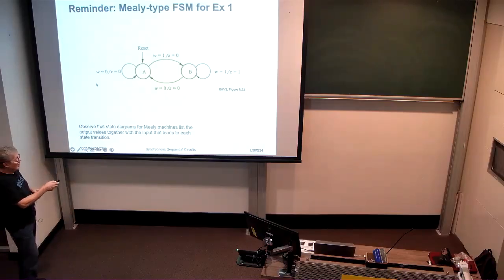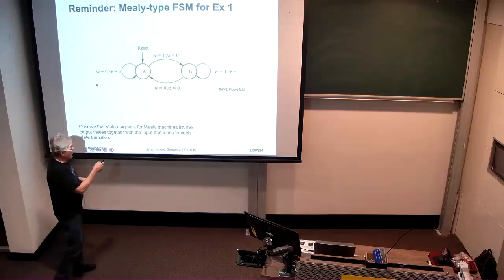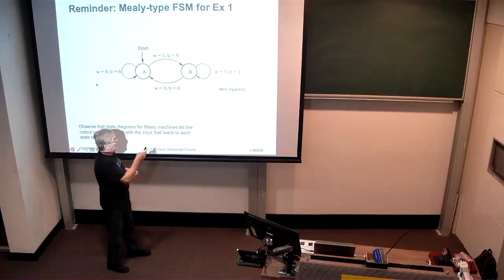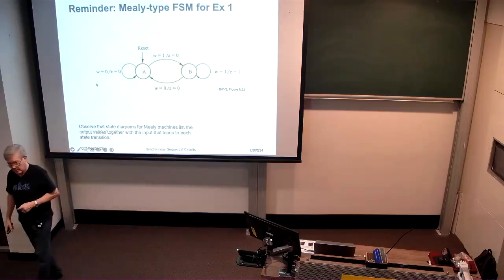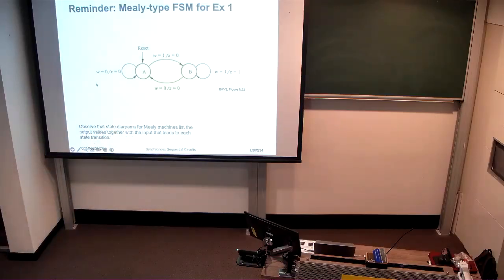So if we're in state B and we get a 0, the output's 0, and if we're in state B and the input's 1, we get a 1 as the output. Right? That's the distinguishing difference between Moore and Mealy. Moore has the output associated with the state, Mealy with a given state and a particular input in that state.